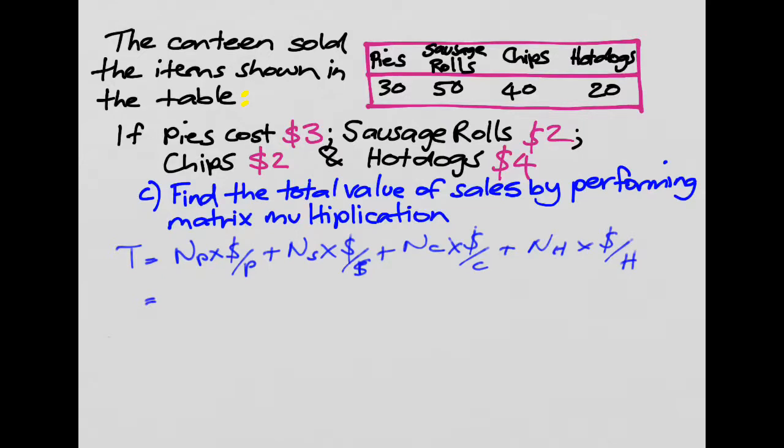So this would be 30 times 3 plus 50 times 2 plus 40 times 2 plus 20 times 4.